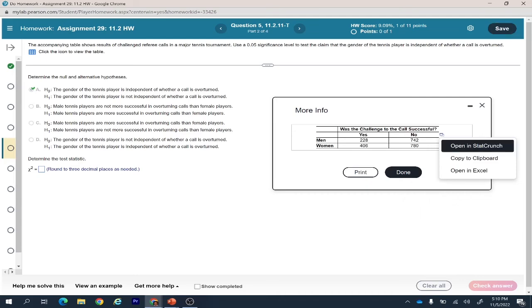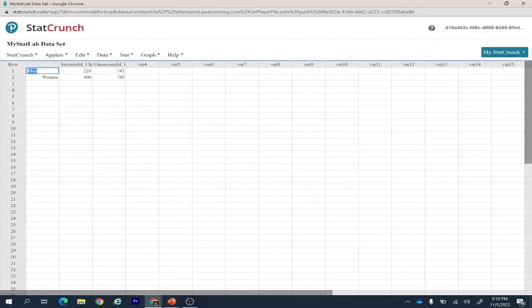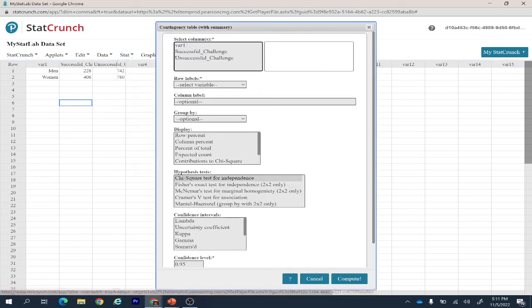You just copy your data into StatCrunch. Now this is the data. Just name this variable, let's say variable 1. Now we would like to go here and click the table. Remember, it's a contingency table, and this is not the data actually. This is actually a summary of the data. Okay, these are the frequencies. So we are using the summary of the data.